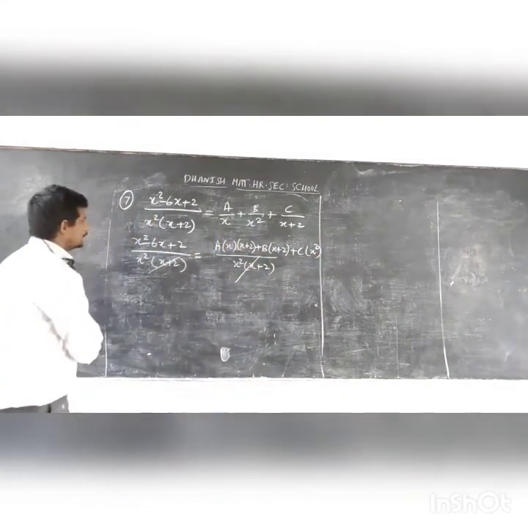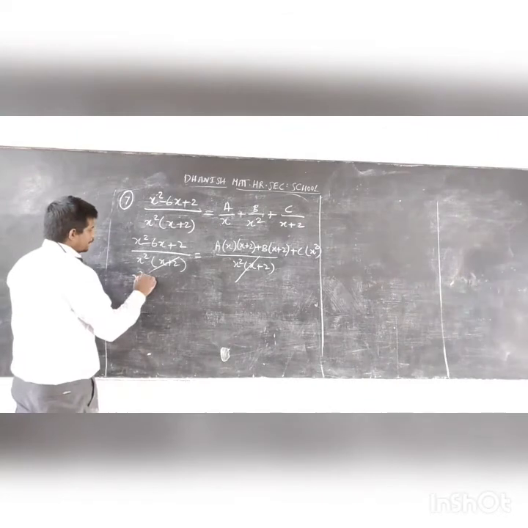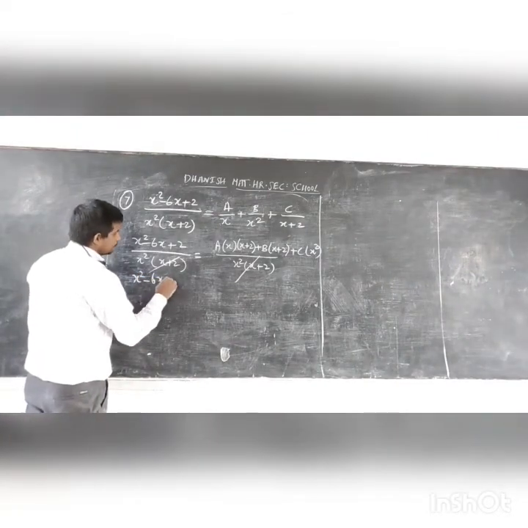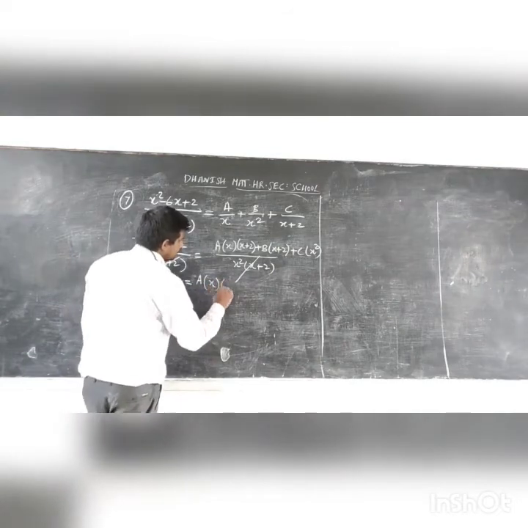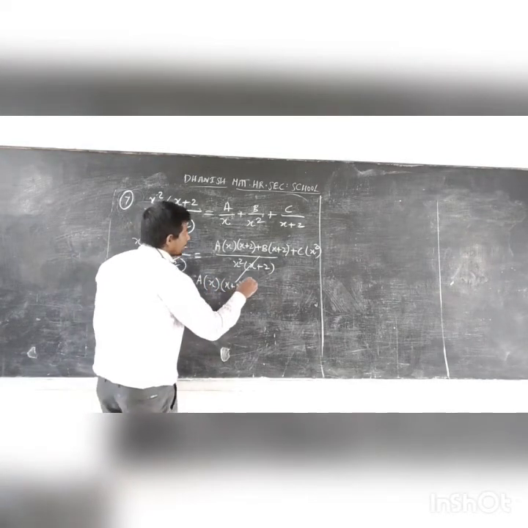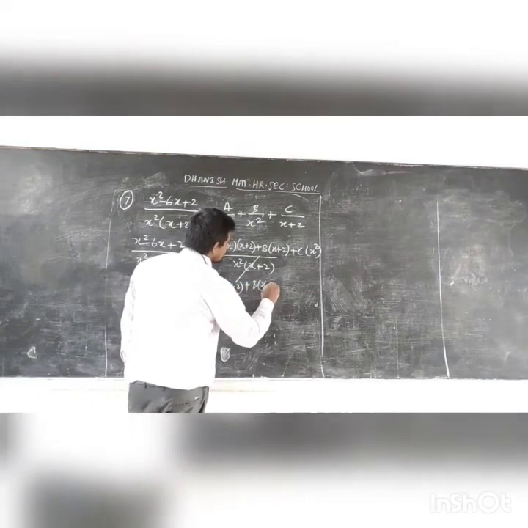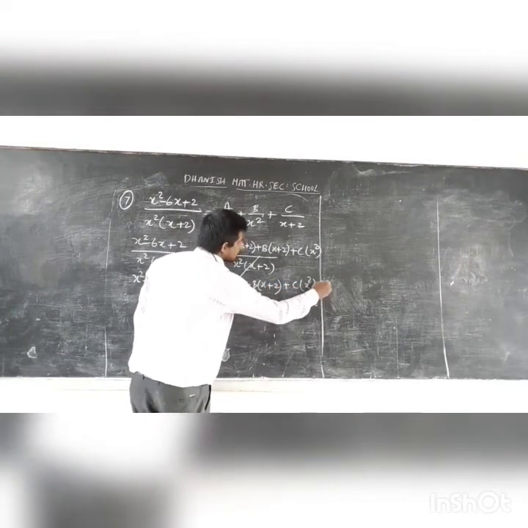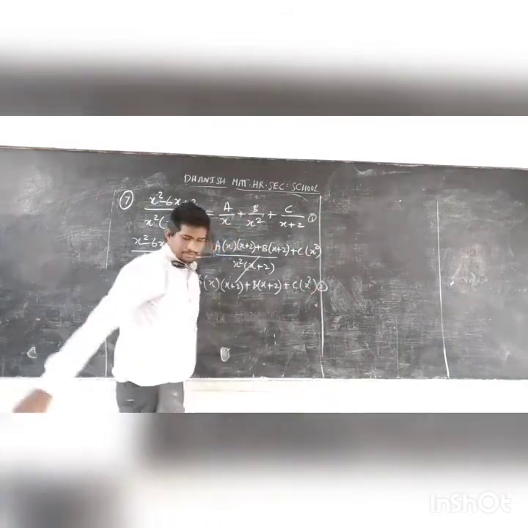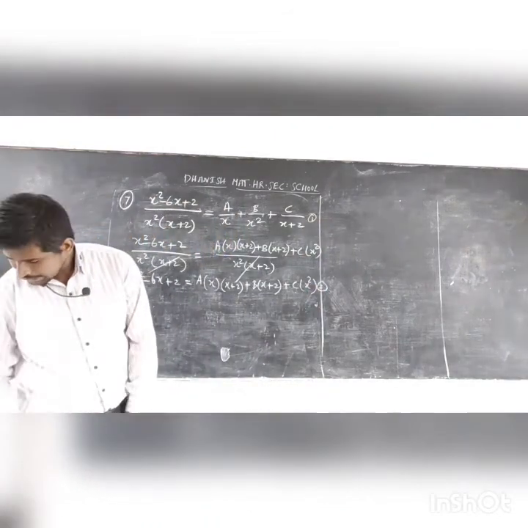The denominator will get cancelled. The remaining x square minus 6x plus 2 equal to a into x into x plus 2 plus b into x plus 2 plus c into x square. We can consider this as equation number 2. This is equation number 1.